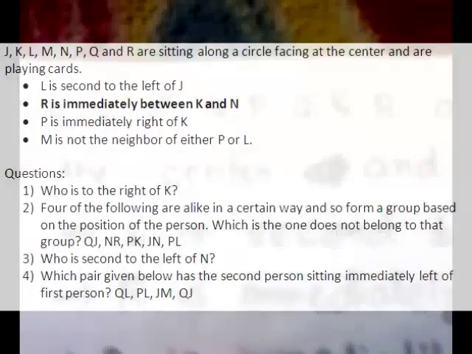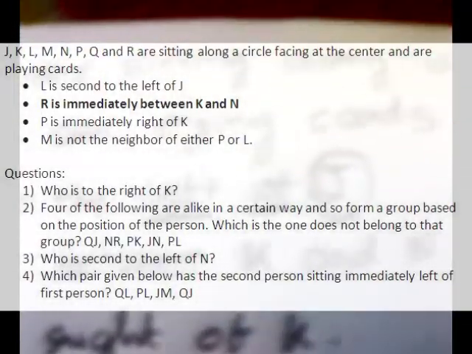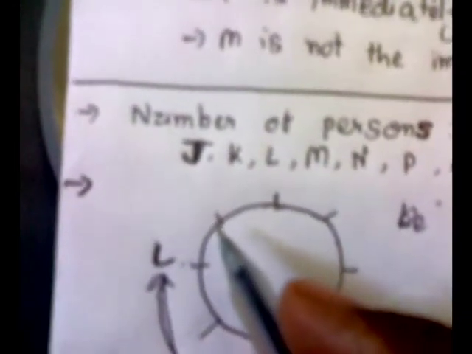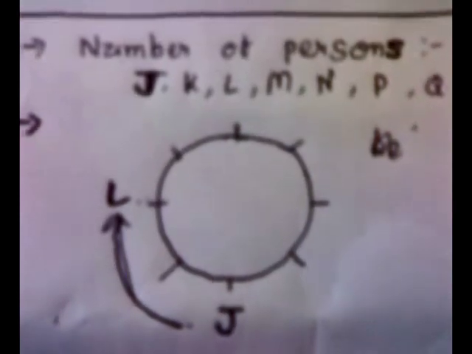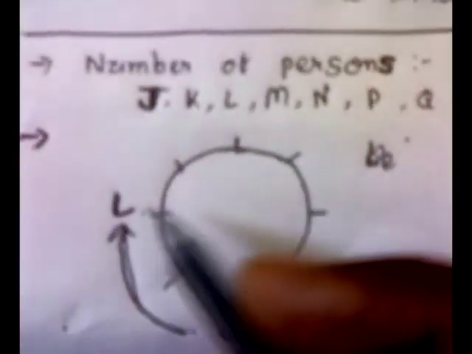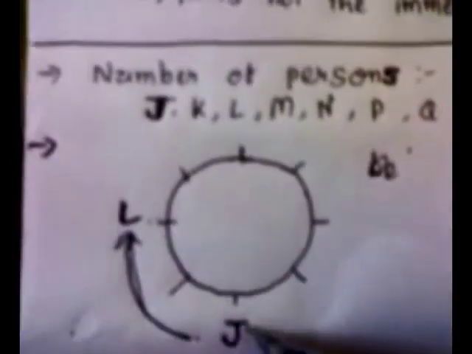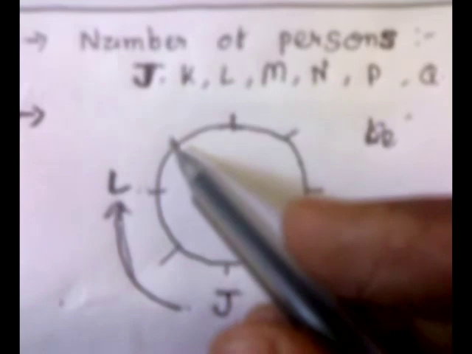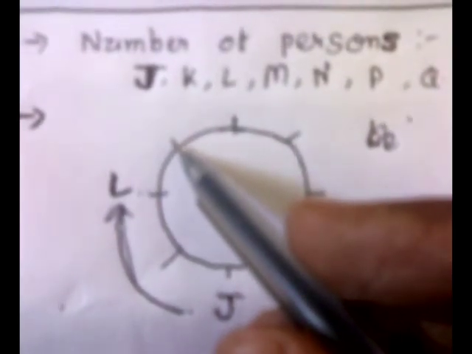The second condition says R is immediately between K and N. We are not certain where we should keep these 3 letters, R, K and N, as they have no relation with L and J, so we cannot put them on the circle yet.